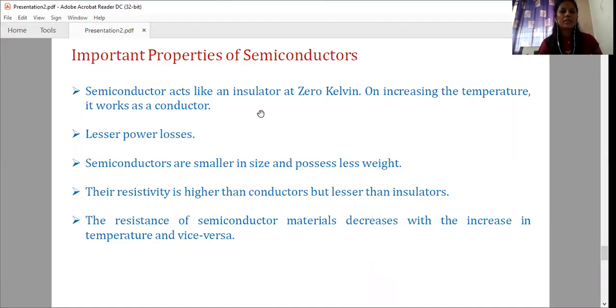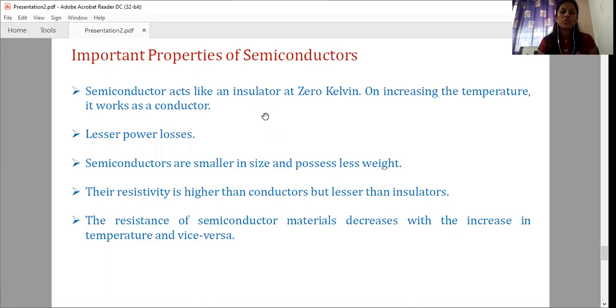The semiconductor acts like an insulator when it is at 0 kelvin. On increasing the temperature, it works as a conductor.